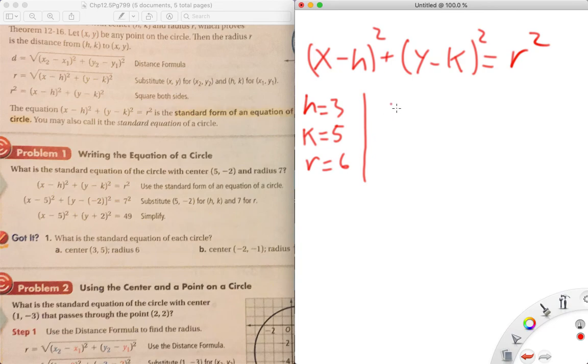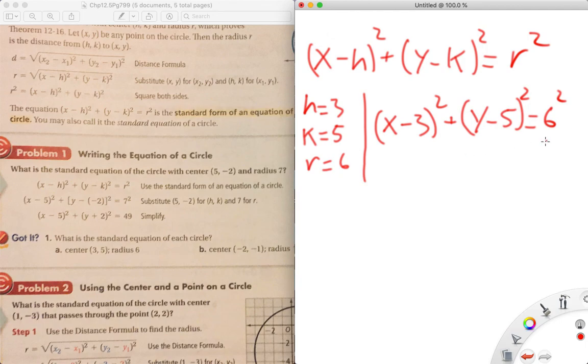So it's going to be (x - 3) squared plus (y - 5) squared equals 6 squared.